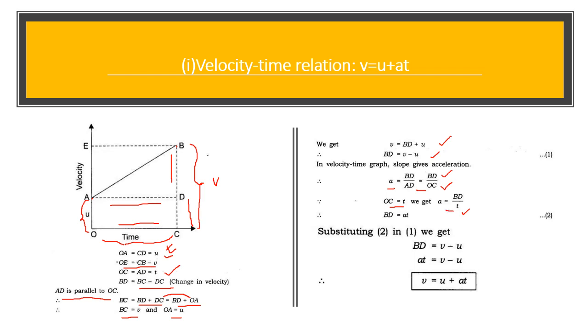You should cross multiply this. So you will get BD equal to A into T. This is your second equation. First equation is BD equal to V minus U. Second equation is BD equal to AT. Now both the left sides are equal. So you can equate these two equations. So BD is equal to V minus U. Therefore AT equal to V minus U. Once you rearrange this equation, you will get V equal to U plus AT. This is your derivation for velocity-time relationship.